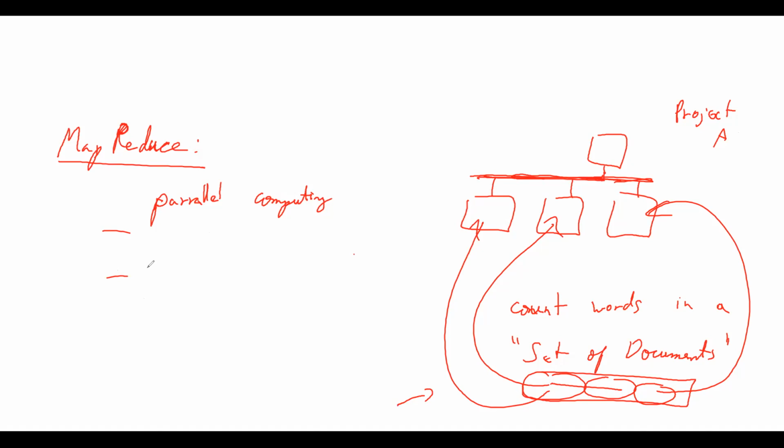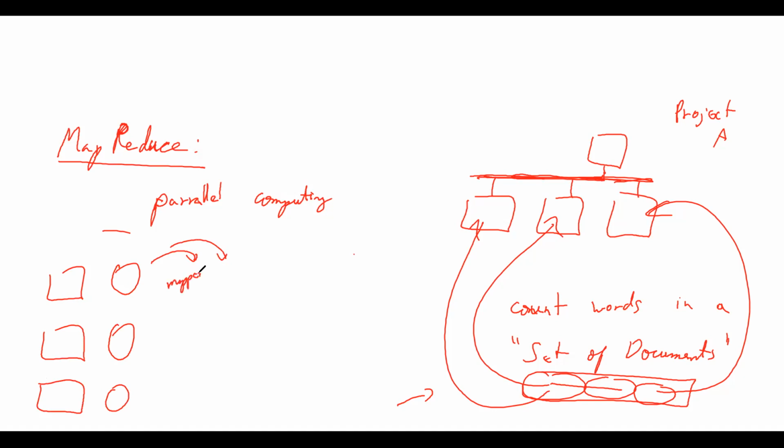I'm going to think of it this way. I have a couple of computers, and each one gets a set of documents, and then I'm going to run a couple of scripts called mapper and reducer. Mapper and reducer, right? And these two scripts will allow me, given these, to count them, and then basically summarize them, get some statistics.